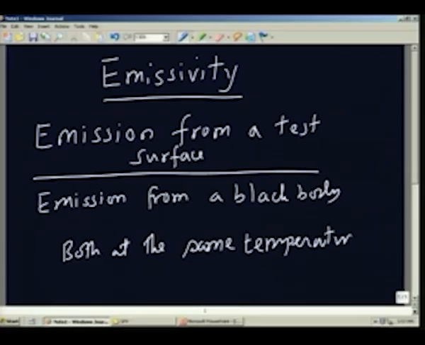This is very important to remember, that this ratio, we will represent as epsilon.